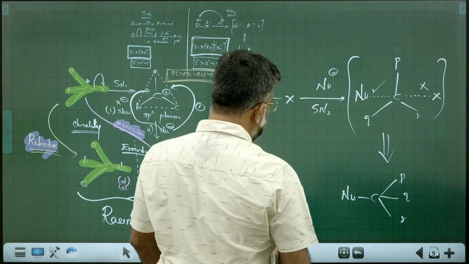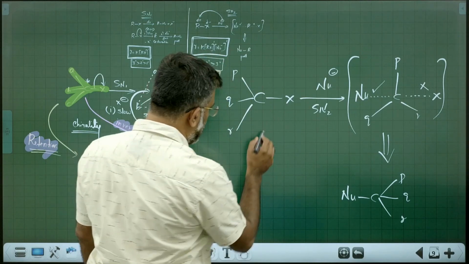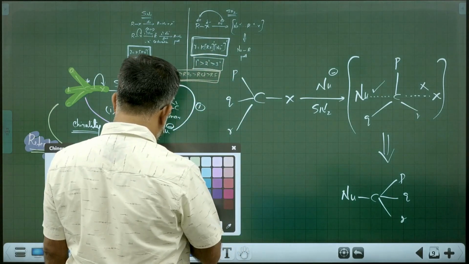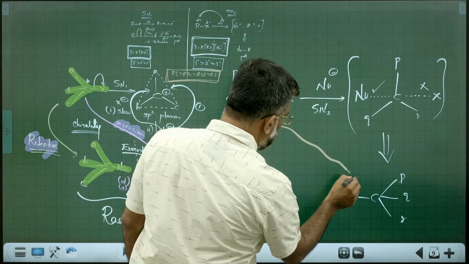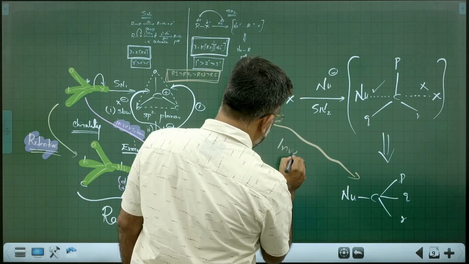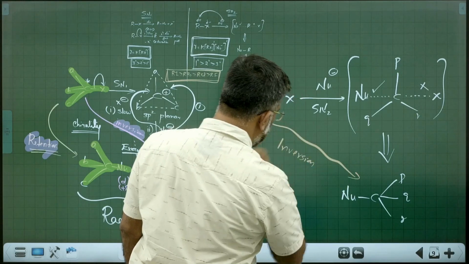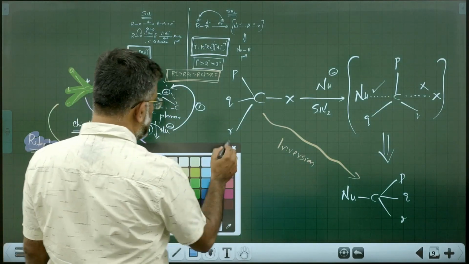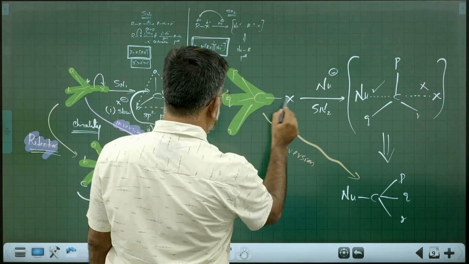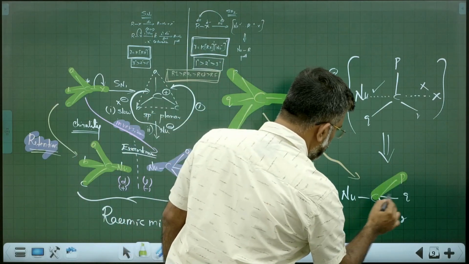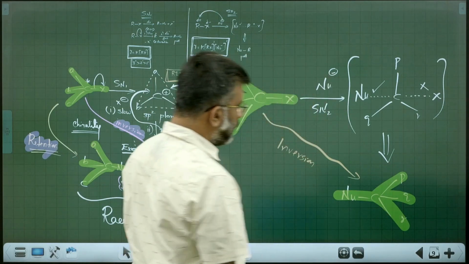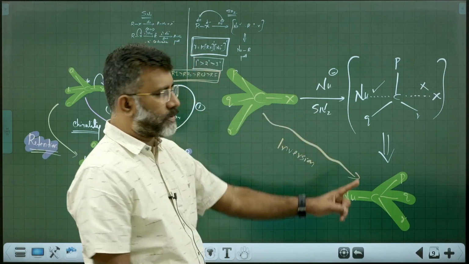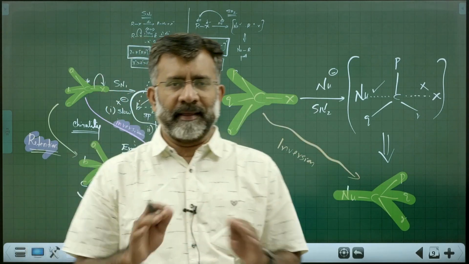That means it is 100% inversion only. If you look at the two molecular systems, one is PQRX and here it is PQRNu. It is an inverted system, 100% inversion.